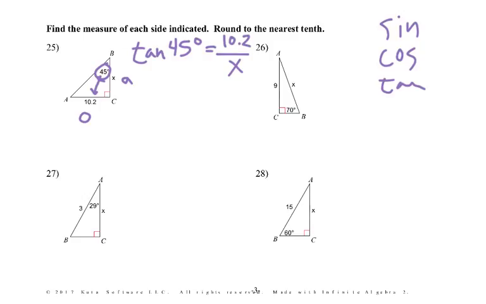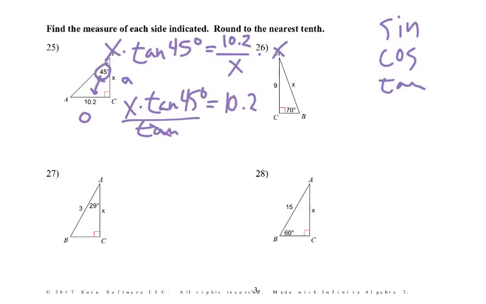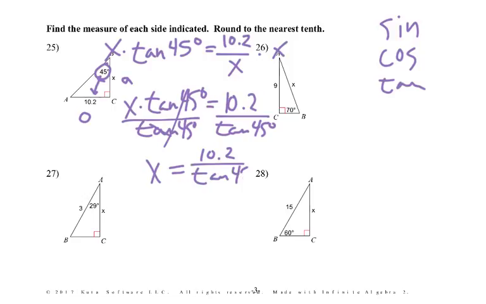Now, there's 2 ways we could do this. We could say, well, we times by x, giving me x times tangent of 45 degrees equals 10.2. Then we divide by tangent of 45 degrees, because the way you think of tangent of 45 is like a number. We get x equals 10.2 over the tangent of 45 degrees.